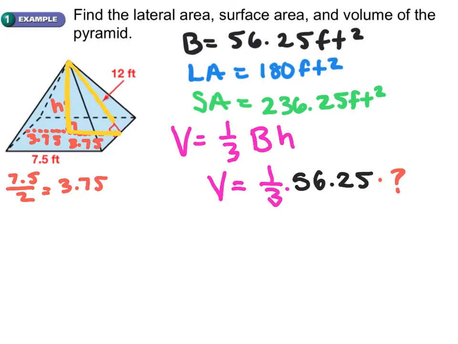I now have a right triangle with the height, the 12, and the 3.75. So if I redraw my triangle, I have that this is the height, this is 12, and this is 3.75.